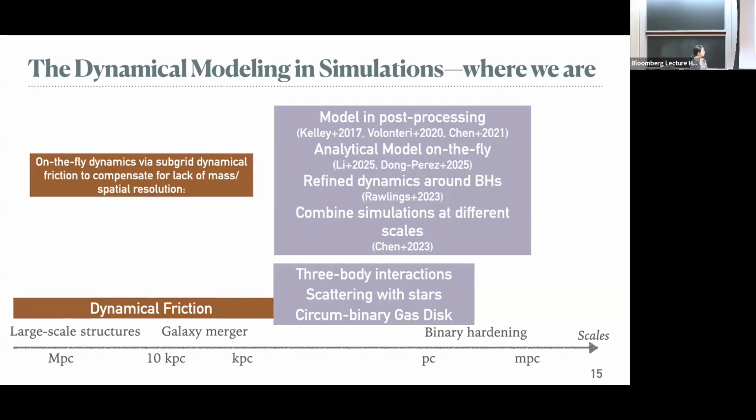In our case, we take the original simulation and use it to create initial conditions for small-scale, high-resolution simulations to fully resolve the interactions on small scales. So I'll briefly talk about our work on that.